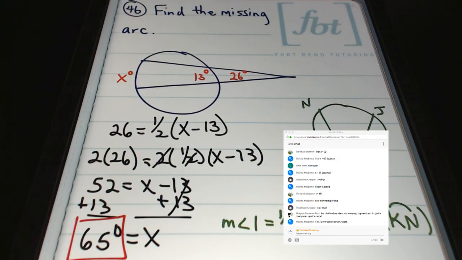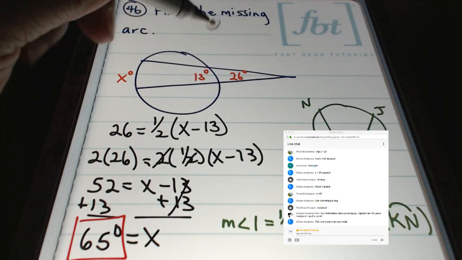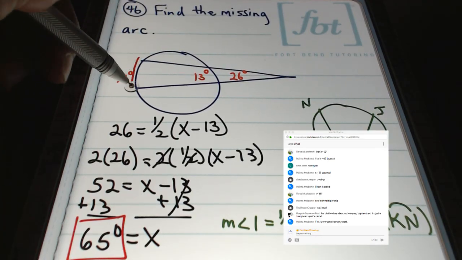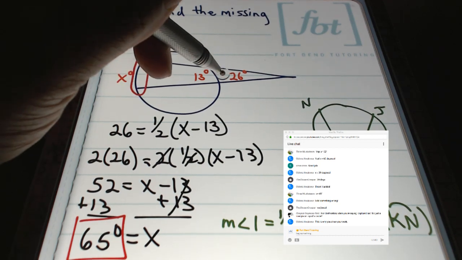Simone says, for clarification, when you say captured arc, is that just a triangle on top of a circle? No. This is what I mean by a captured arc, Simone. Notice that we have this angle here, right? Referring to the circle, the captured arcs are right here and right here.